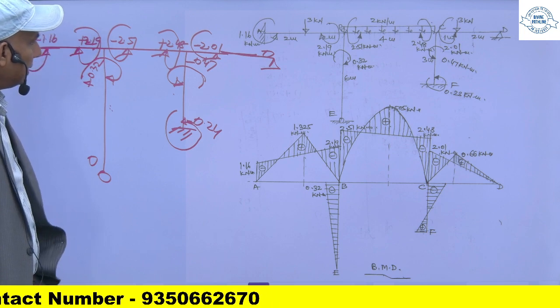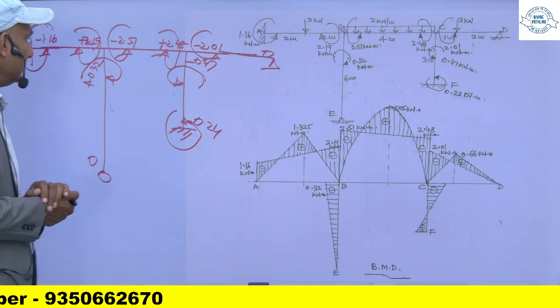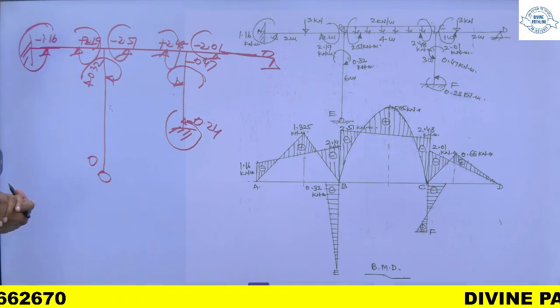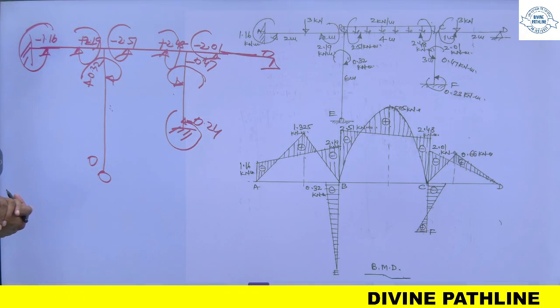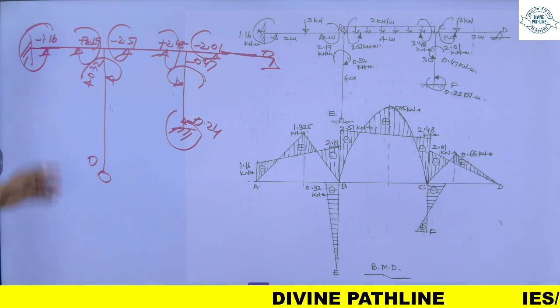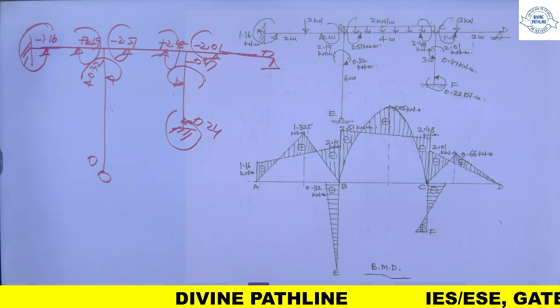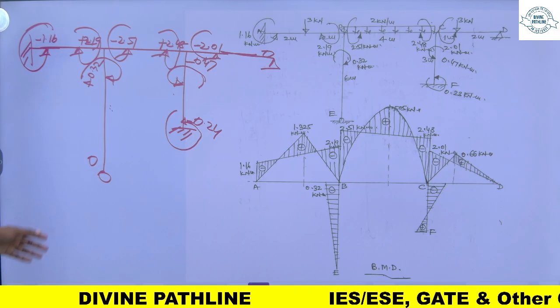So now I will draw the bending moment according to the sign conventions. So I will see the direction of the arrow.